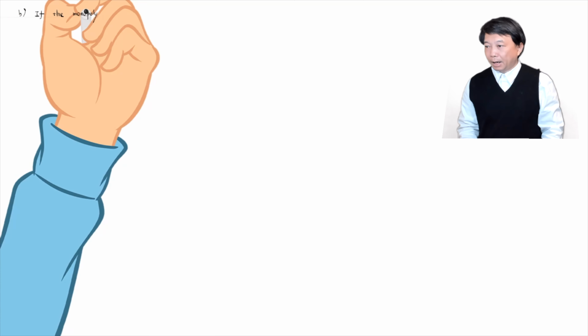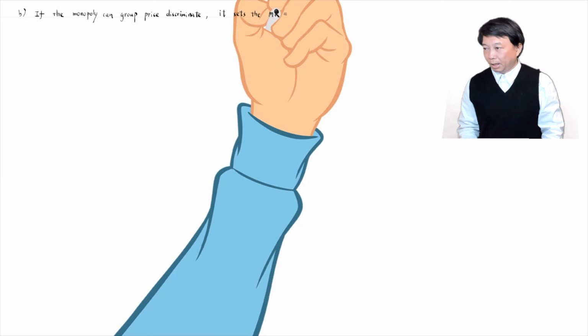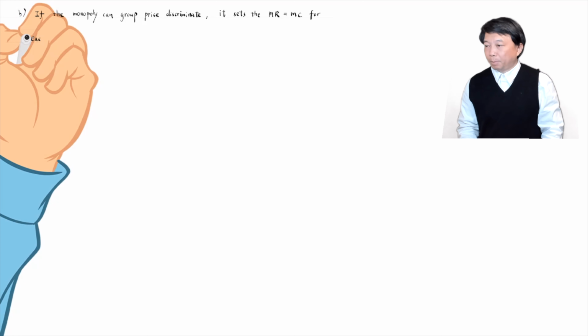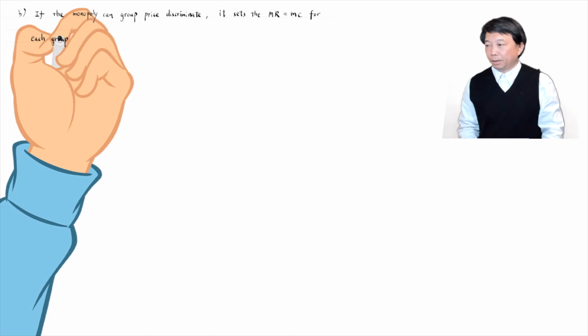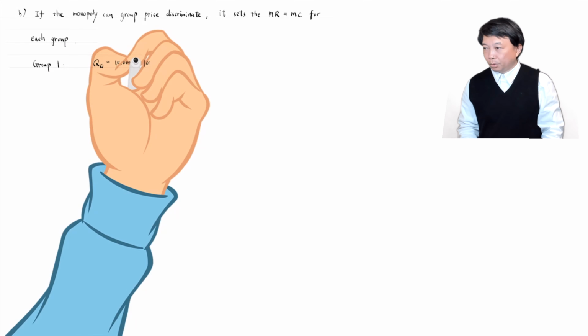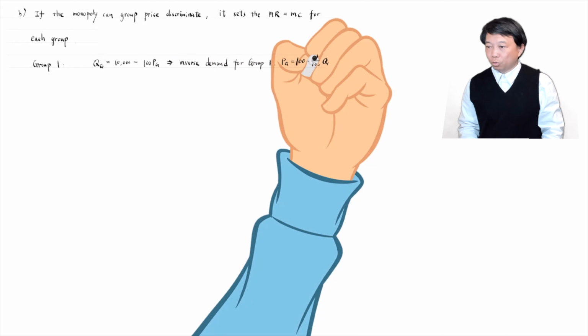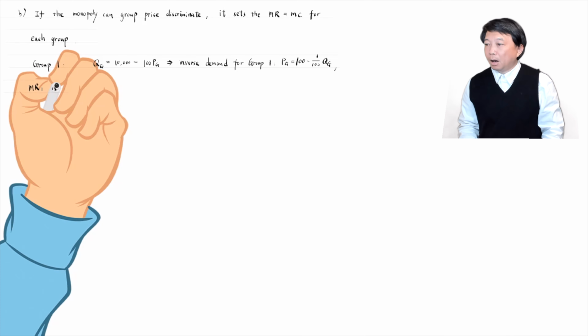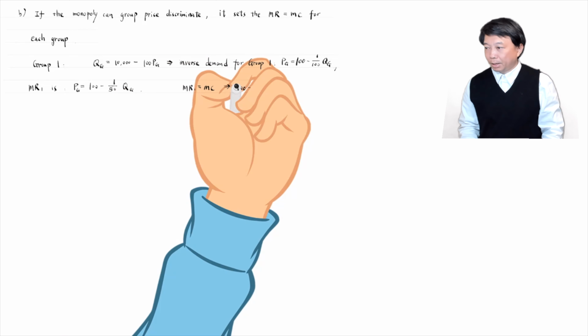If the monopoly can group price discriminate, it maximizes its profit in each market. Setting the marginal revenue equal to the marginal cost for each group, we can obtain the optimal output and price for each group.